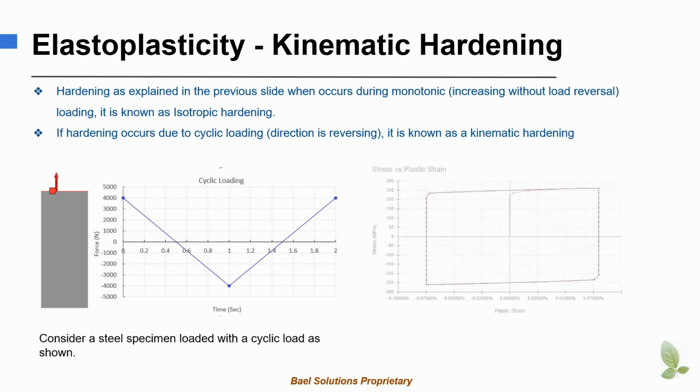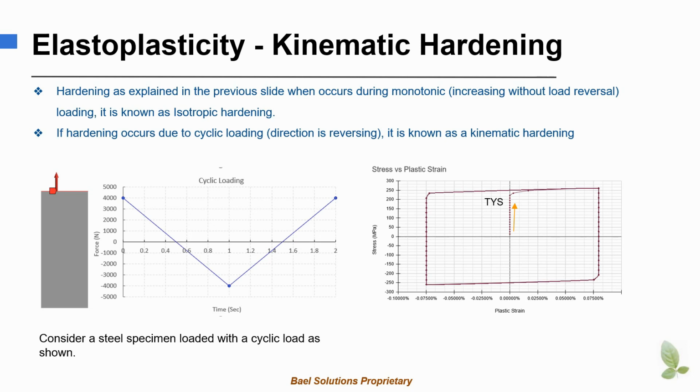The graph on the right-hand side shows the hysteresis of stress versus plastic deformation. As the specimen is loaded, initially the plastic deformation is 0. As the load increases, causing the stress to increase beyond the yield strength of the material, the plastic deformation takes place.